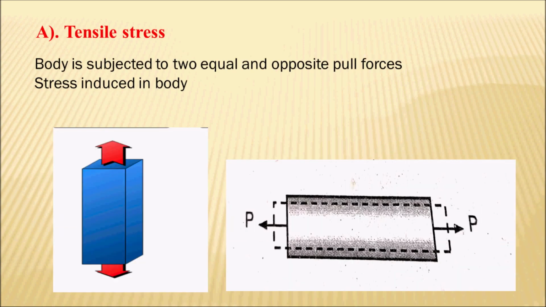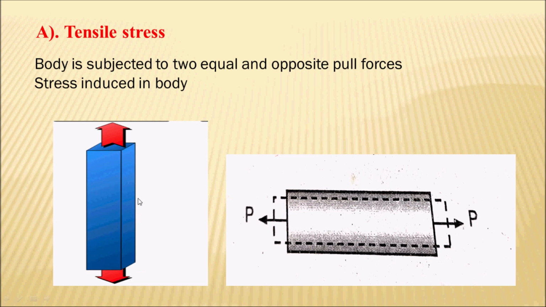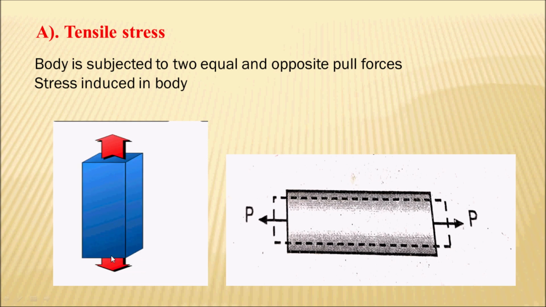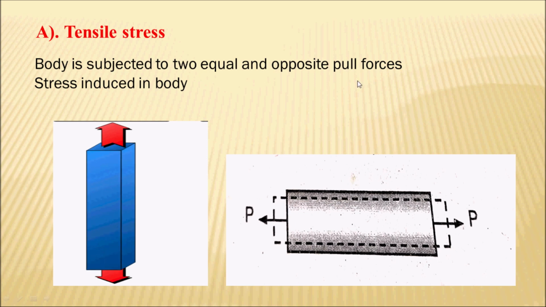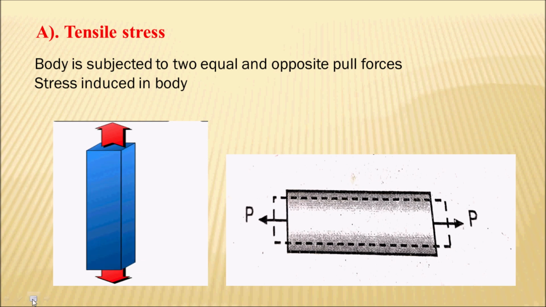First is the tensile stress. Now what is tensile stress? Here in this animation you can see that a body is subjected to two equal and opposite pull forces. Due to these two equal and opposite pull forces, stress is induced in that body. That stress is nothing but tensile stress.